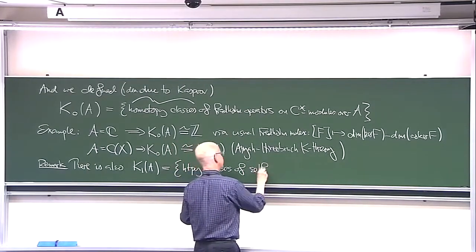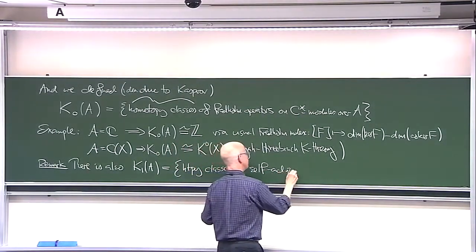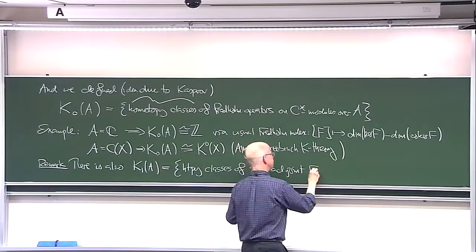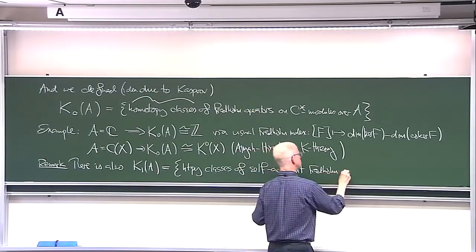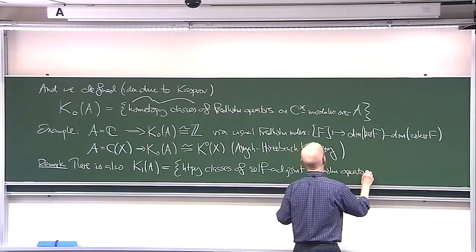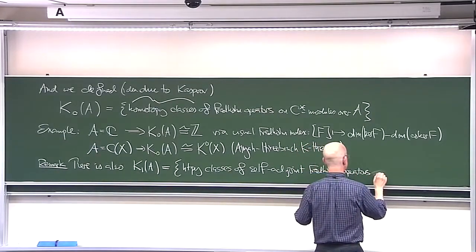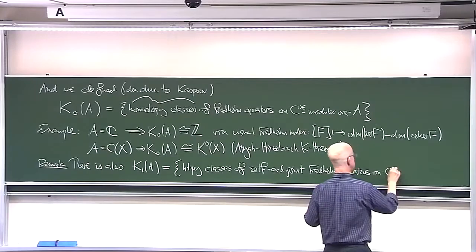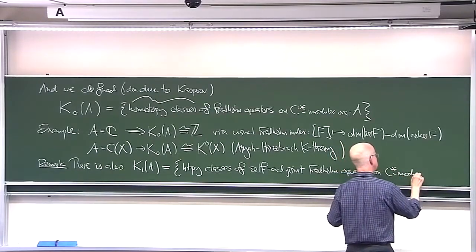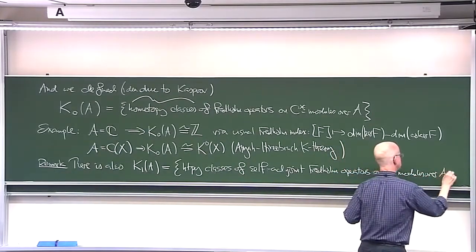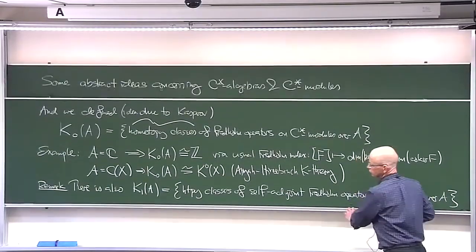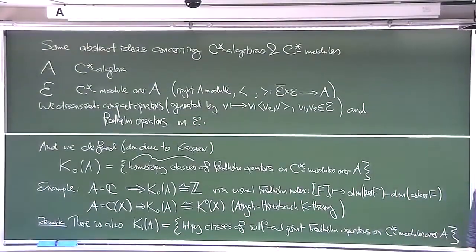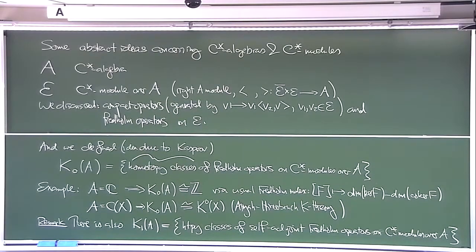All you have to do is add a little clause here: self-adjoint Fredholm operators on C-star modules over A. And the groups K1 and K0 should usually be considered together. However, I'm going to focus just on K0 in this lecture.